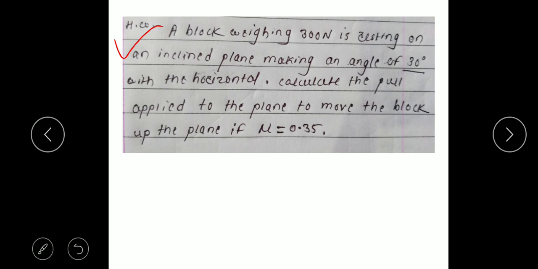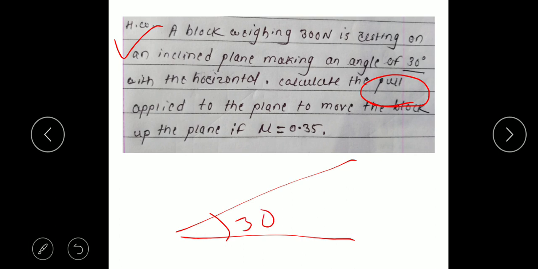Homework: a block weighing 300 Newton is resting on an inclined plane making an angle of 30 degree with the horizontal. Calculate the pull type of force applied to the plane to move the block off the plane if the coefficient of friction is 0.35. There is the inclined plane and there is a certain angle. You can see here the 30 degree angle.